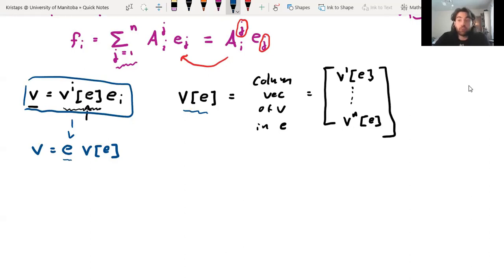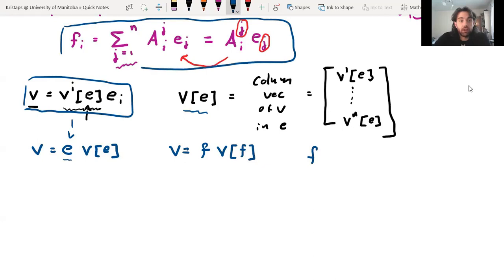So by the exact same argument, we can also write V in the basis F. I could write it as the row matrix F multiplied by the column matrix whose entries are the corresponding coefficients of V in the basis F. So writing things out like this, and compactifying the formula above that tells us how to translate between the two bases, we also see that the row matrix F is equal to the row matrix E multiplied by the change of basis matrix A on the right.